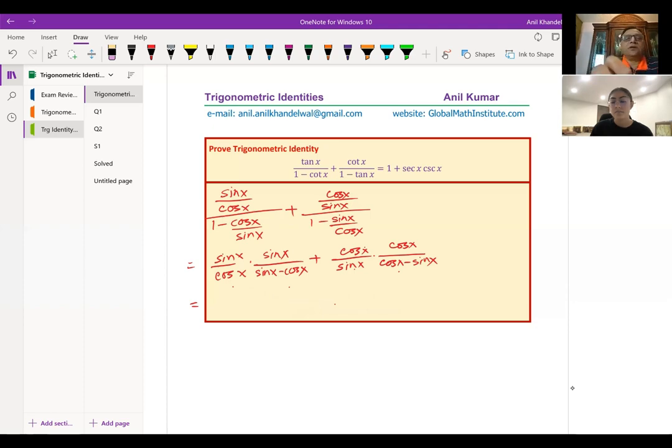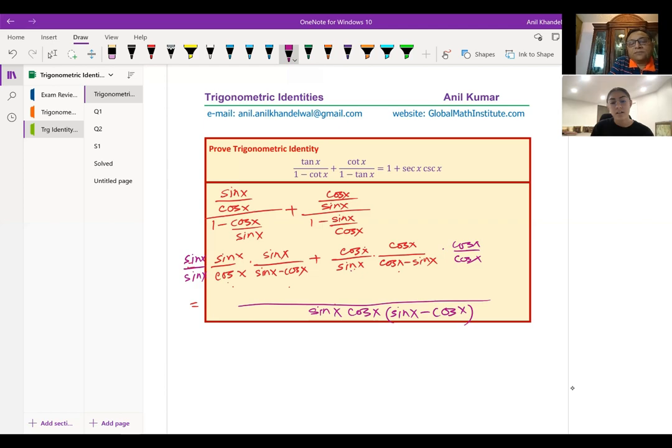I'll do this so that everybody understands what we have done here. If you look into the denominator, you will notice that we have sine x here and cos x here. That means I could multiply this by cos x over cos x, correct? And this side by sine x over sine x. Now you can clearly see that we have a common denominator, which is sine x cos x times sine x minus cos x.